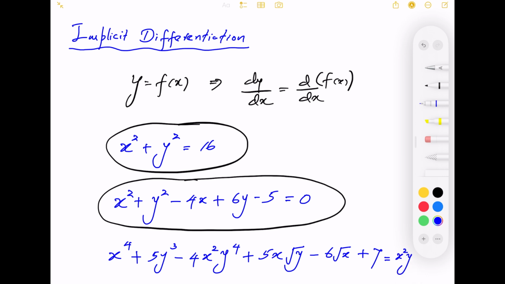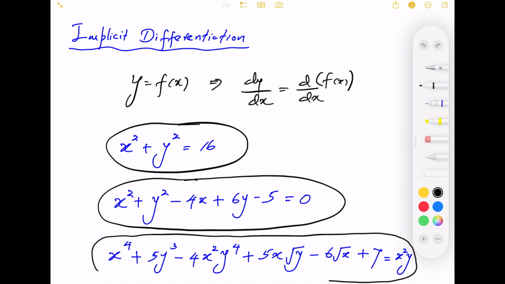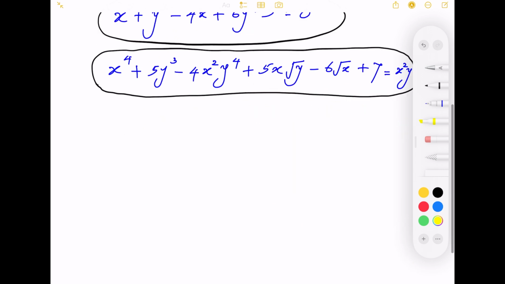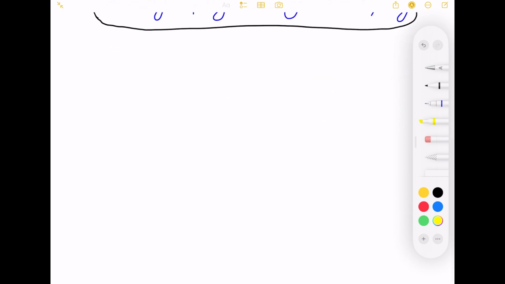If you have an equation like that, making y the subject will not be that easy. For this equation, if I need to find dy by dx, maybe my only practical option is implicit differentiation. Now we will look at a couple of examples.